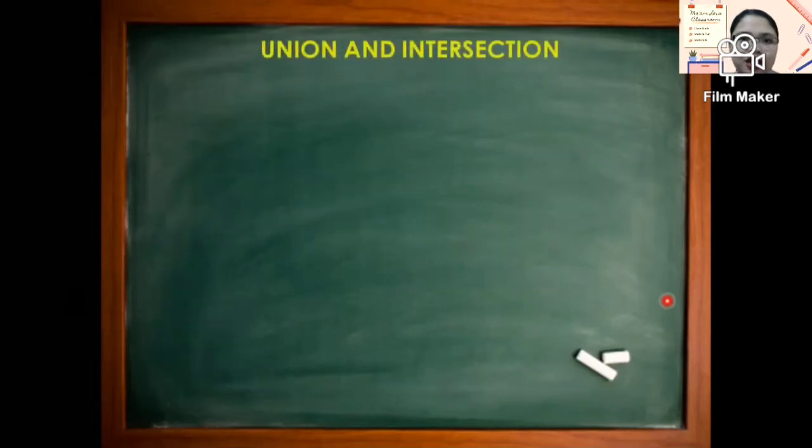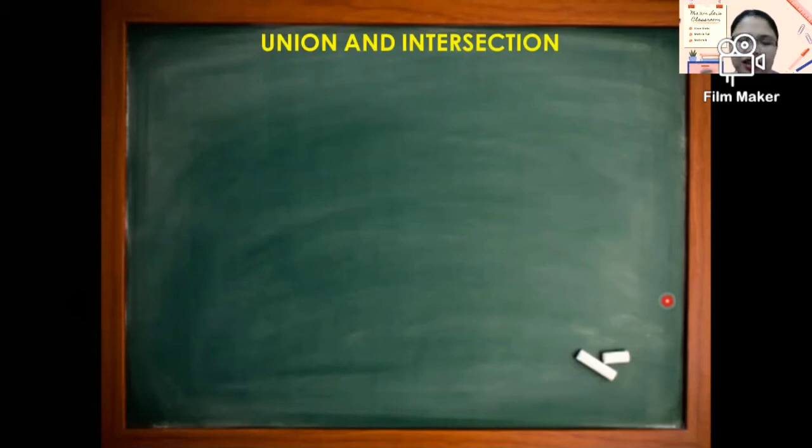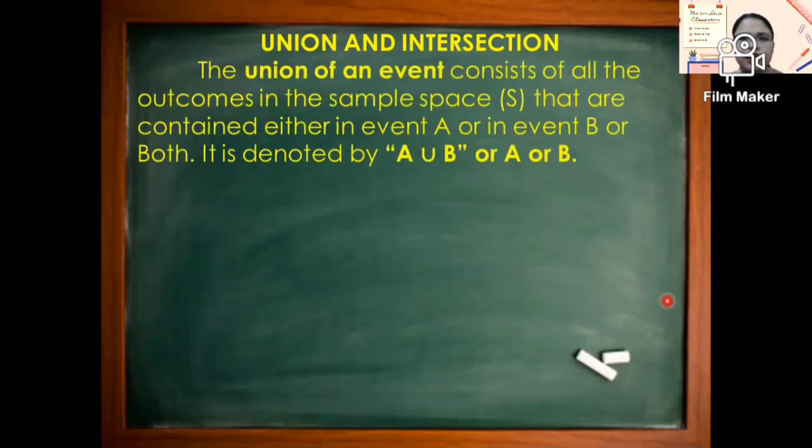Now, let's proceed to the union and intersection of events. So may relationship yung diniscuss natin kanina in this topic. So when we say union, the union of an event consists of all the outcomes in the sample space S that are contained either in event A or in event B or both.